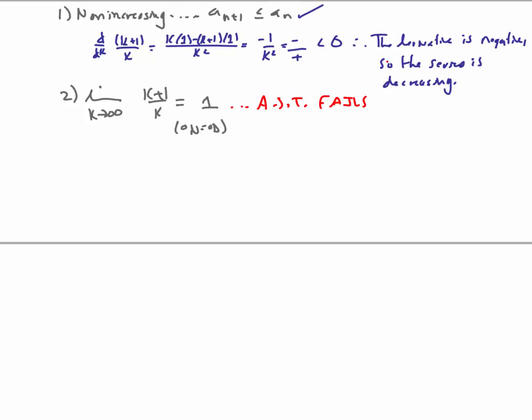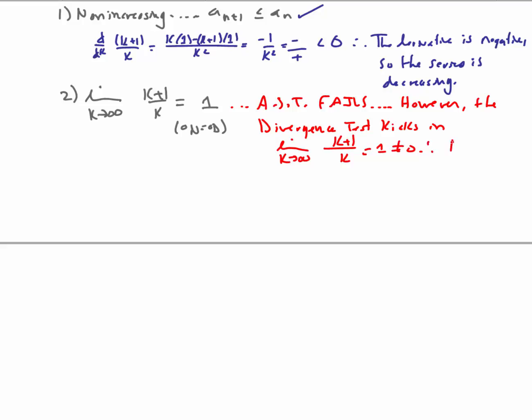So the alternating series test fails. However, the divergence test kicks in, and we've already shown the limit equals 1, which does not equal 0, therefore it diverges by the divergence test.